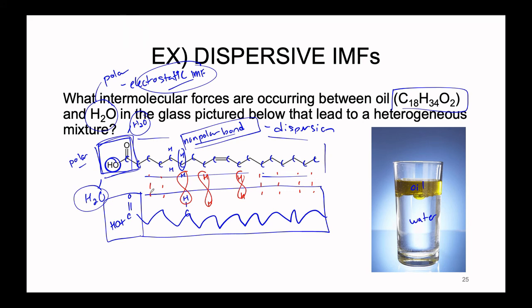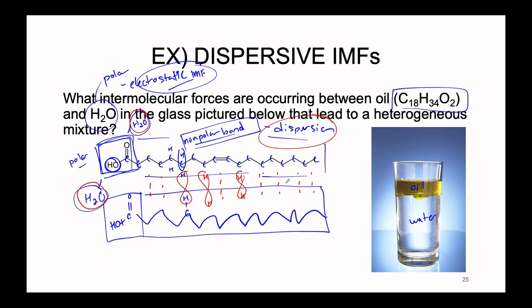So between forming one or two stable electrostatic intermolecular forces with water, or forming a large number of dispersive and stabilizing interactions between these two different non-polar tails, oil, as it turns out, is way more stable interacting with other oil molecules. This is because the construction of the molecules is much more similar, and again, we're going to be able to form a ton of attractive dispersive interactions.